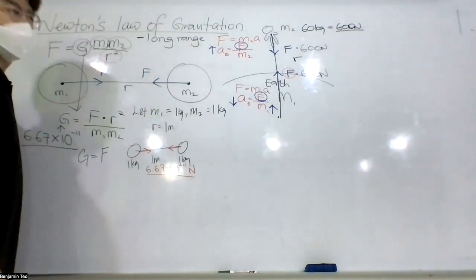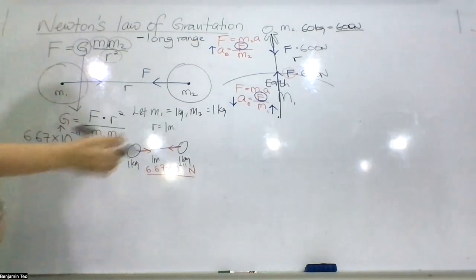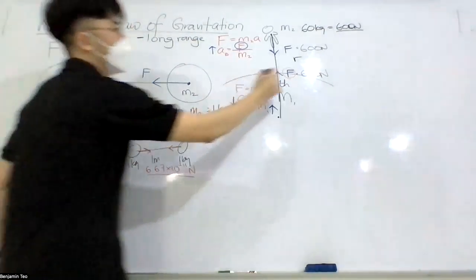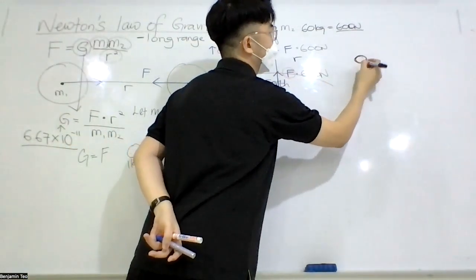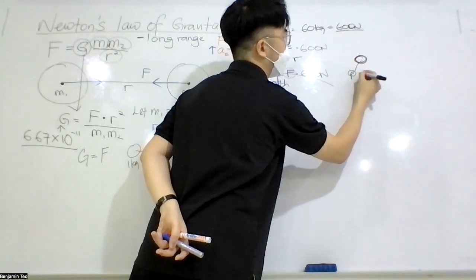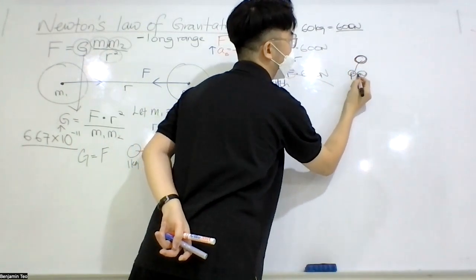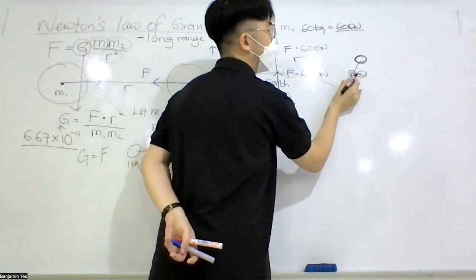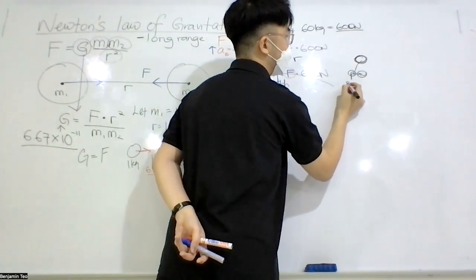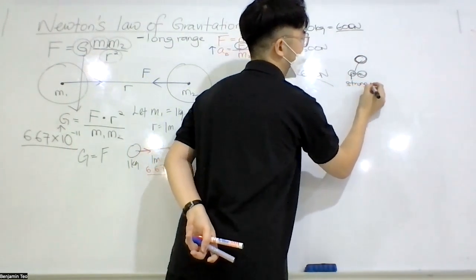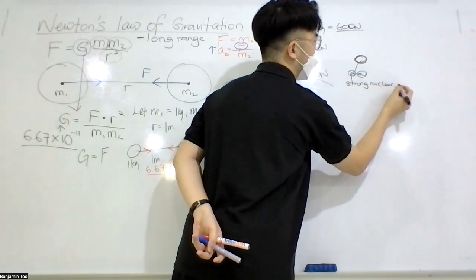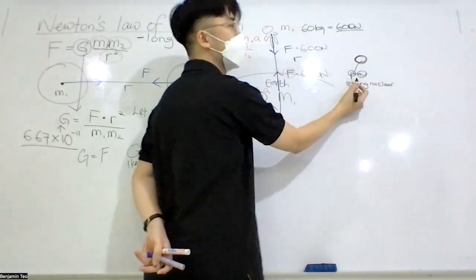This is different from the force in an atom. This is the nucleus. In the nucleus, you have proton and neutron. The force holding these two together is called the strong nuclear force. This strong nuclear force is a very, very strong force, but it is a very short range force.